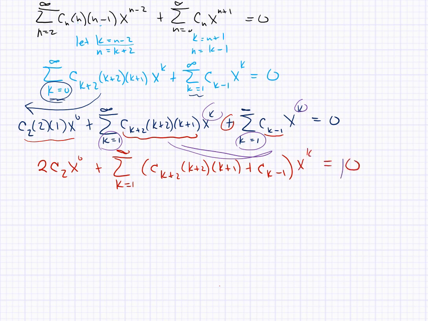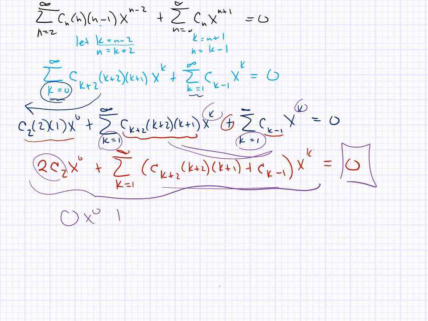And here's where the equals 0 part is really big. This is homogeneous, equals 0. On this side of the equation, you have an infinite polynomial. You have some coefficient times x to the 0. Then when k equals 1, you have some other coefficient times x to the first. Then when k equals 2, some other coefficient times x to the second, etc. It's just going to be something times x to the 0, plus something times x to the first, plus something times x to the second, plus something times x to the third, etc. It's going to keep going, and that equals 0.